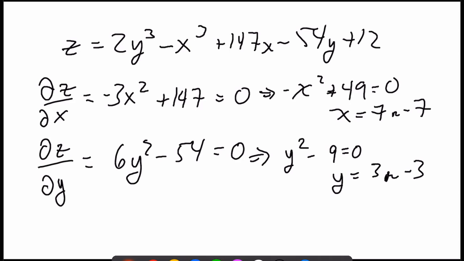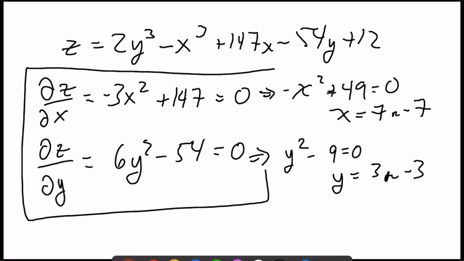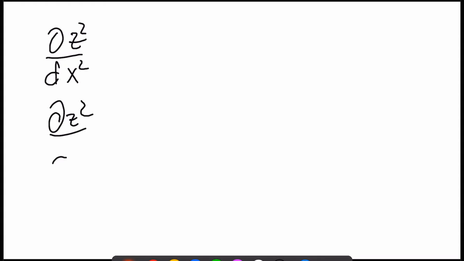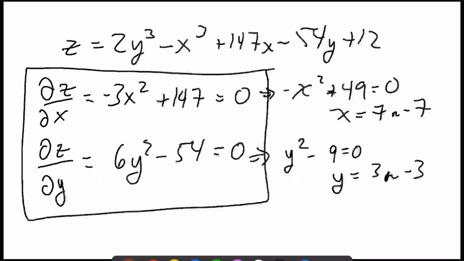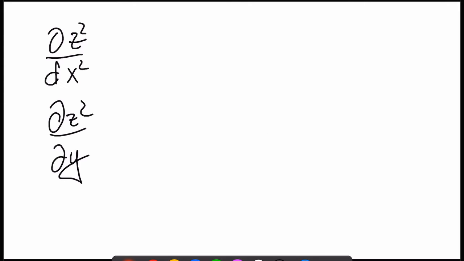Now, let's take these and find the second partials. Okay? So we have dz dx, dz dy, right? Second derivative of that is minus 6x, right?